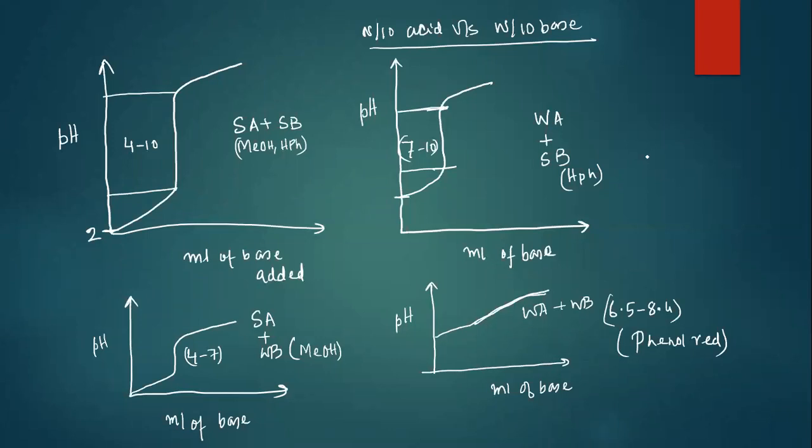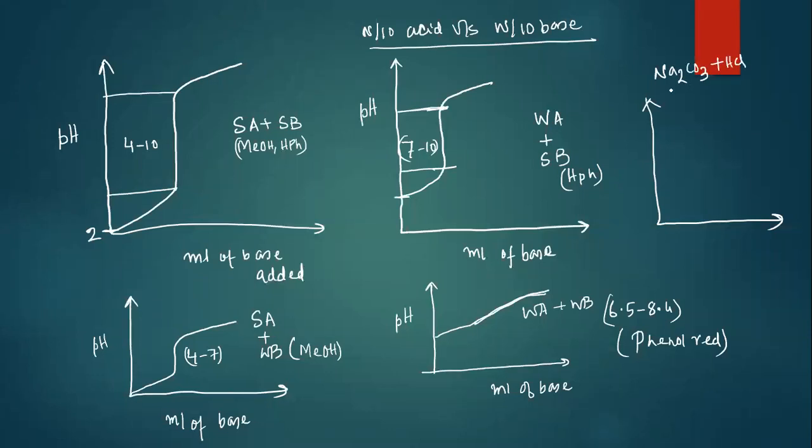Now all this neutralization was with base in the burette and acid in your conical flask. Now let's see this one: Na2CO3 plus HCl.